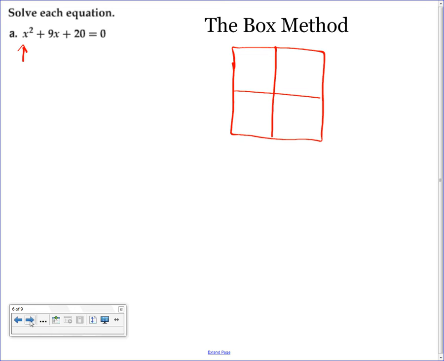So we're going to place an x squared right here. Our last term, 20, will go into this corner. Now I'm going to multiply 20 times the x squared. That's going to give me 20x squared.